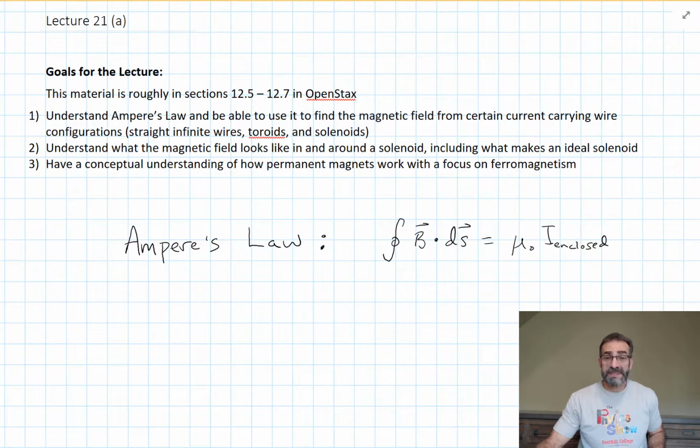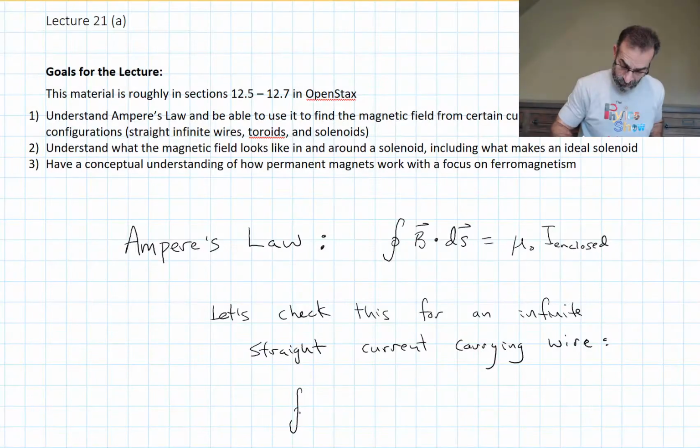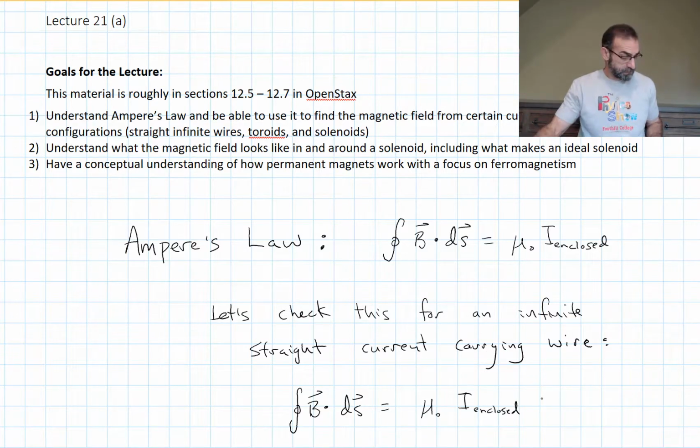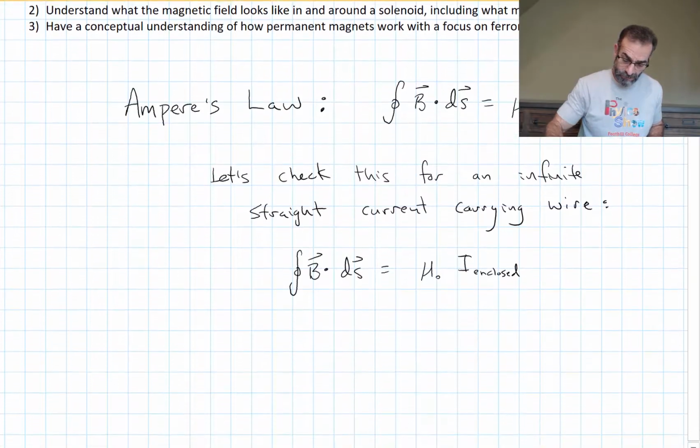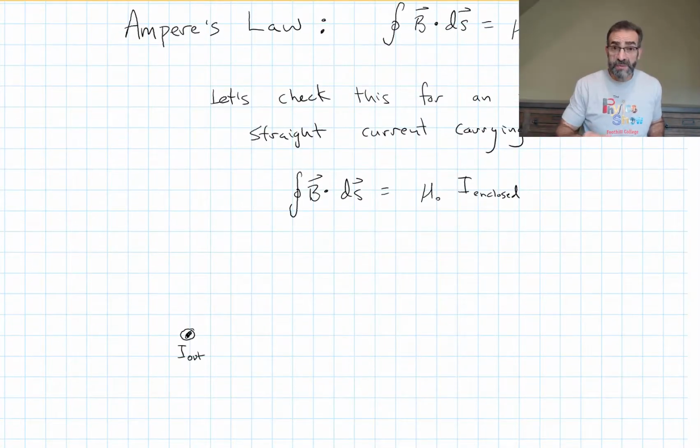First, let's do a really simple check to make sure this is correct for a very simple case, an infinitely long straight wire carrying a current. Let's situate our infinitely long wire perpendicular to the plane of the page, with the current coming out of the page.